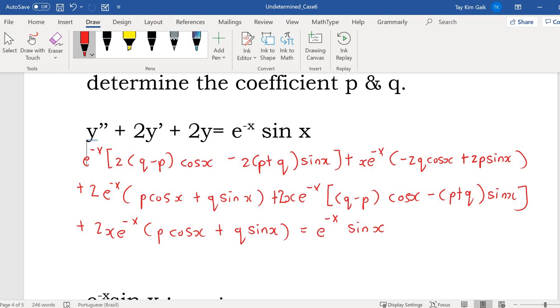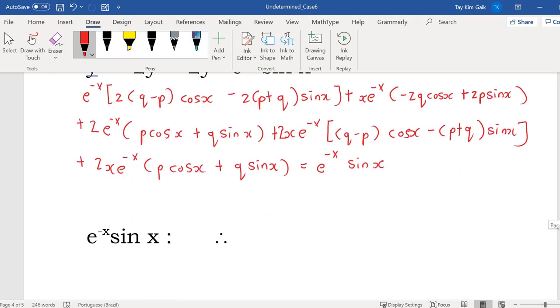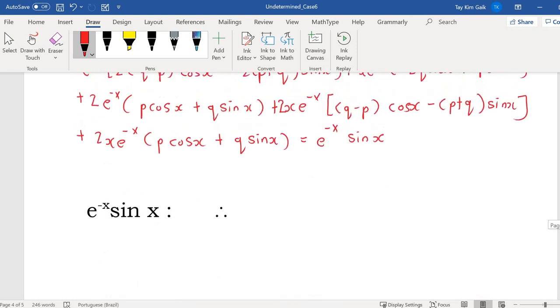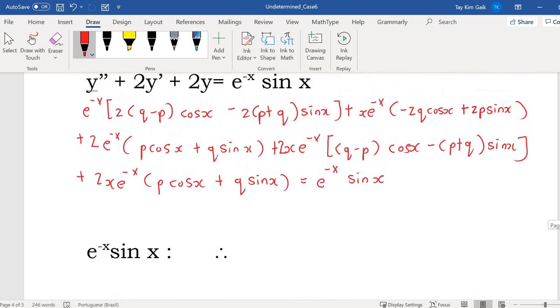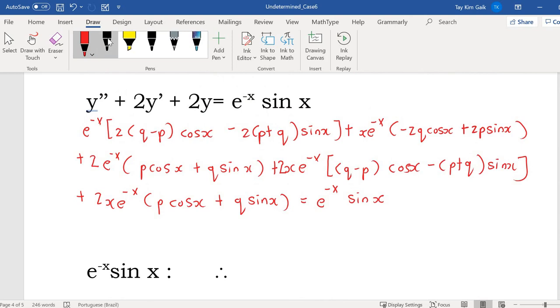Okay, and then you may simplify or you can directly compare the term. Let's say if I want directly right hand side, I got the x exponent negative x sin x. So I can straight away compare exponent negative x sin x left side, right side.